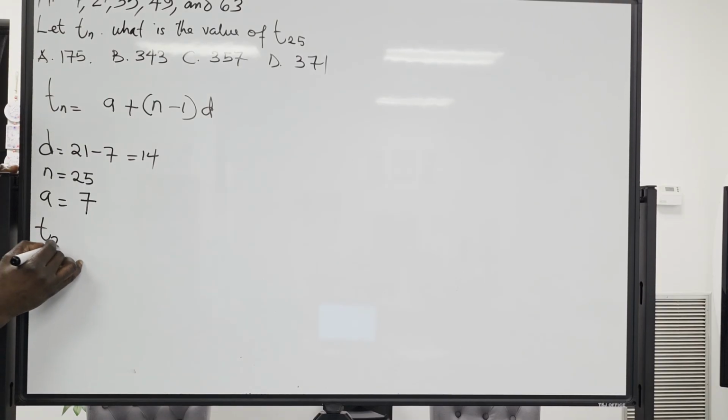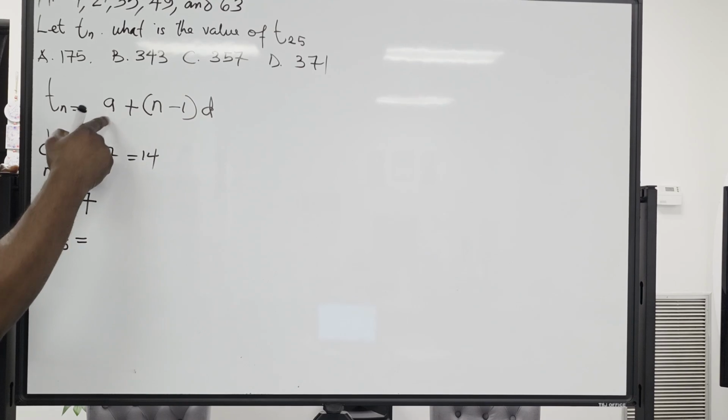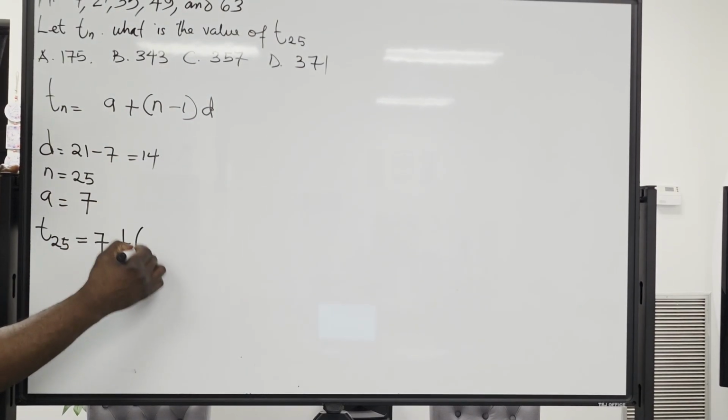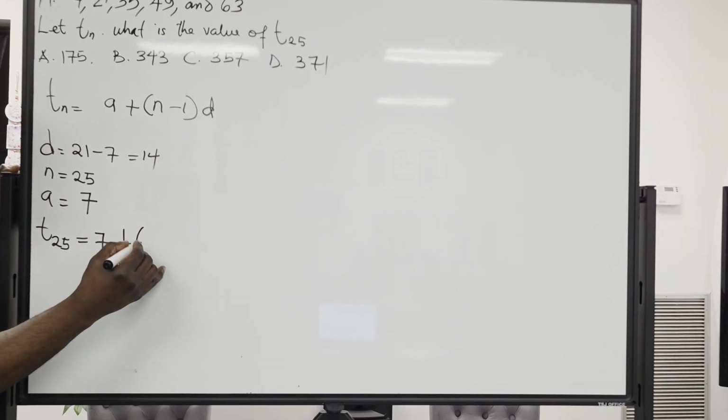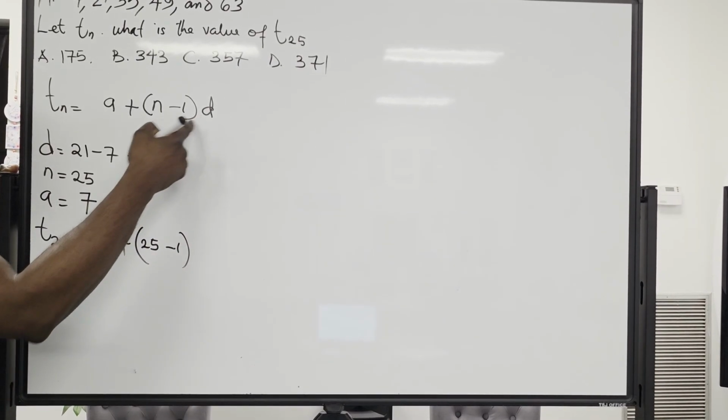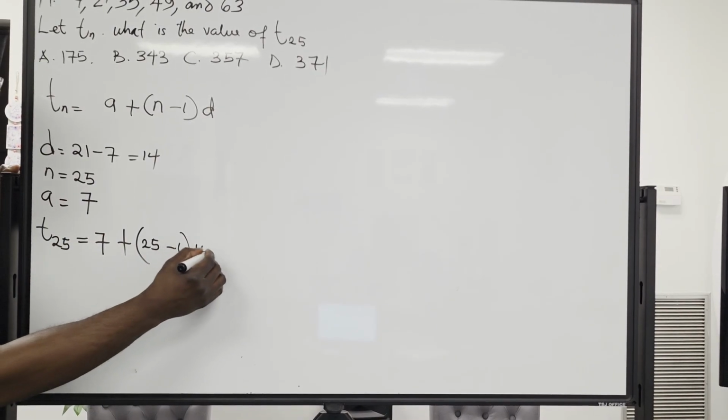So T25, the 25th term, is going to be A, which is 7, plus N, which is 25, minus 1, times D, which is 14.